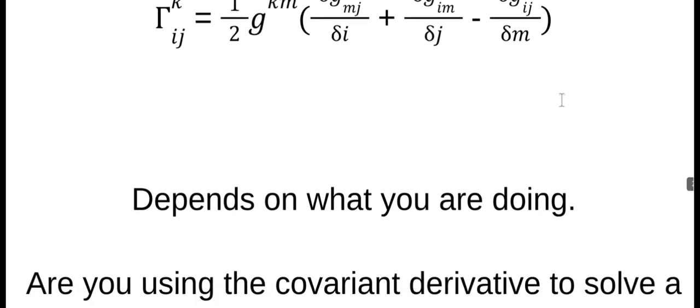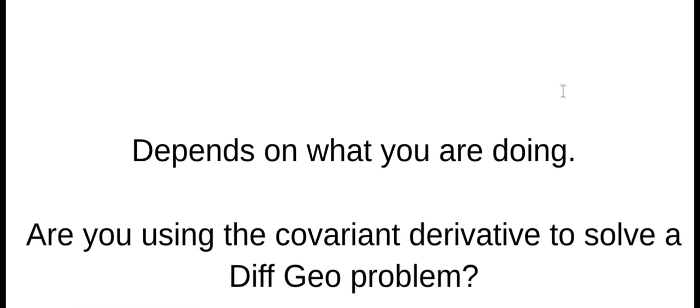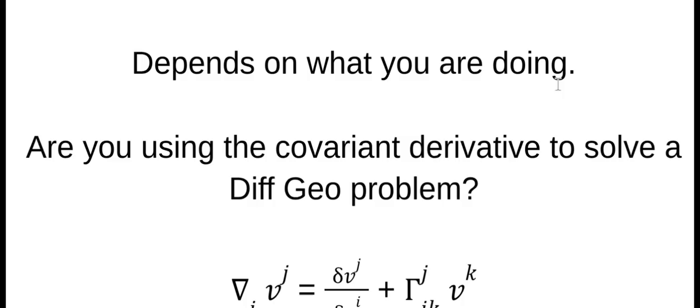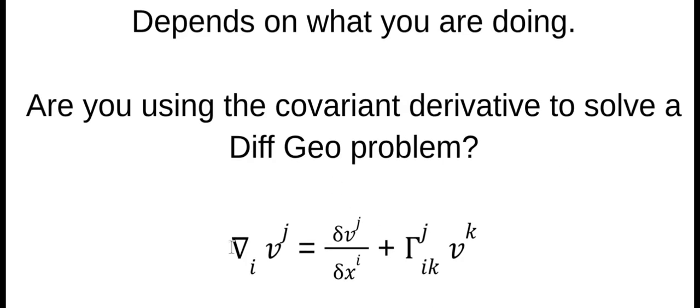Here's an example. Are you using the covariant derivative to solve a differential geometry problem where you're taking the covariant derivative of something and you got a Christoffel symbol? If so, then clearly you don't need to find the metric tensor. You could do it the first way that we showed.